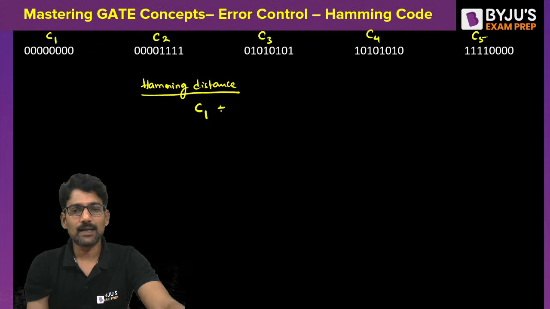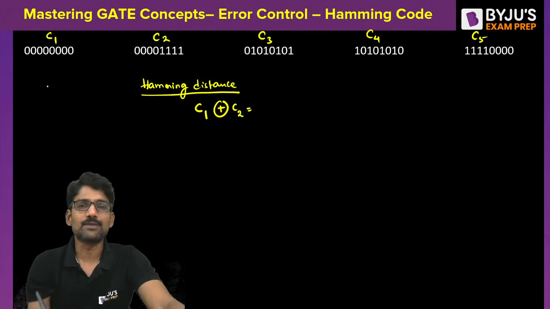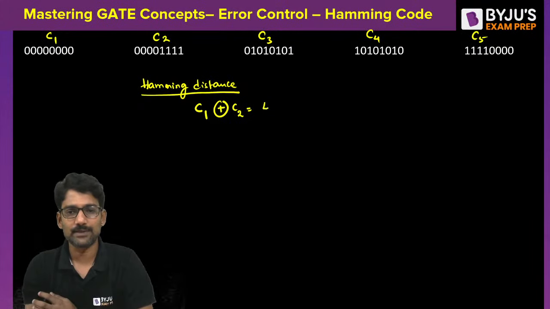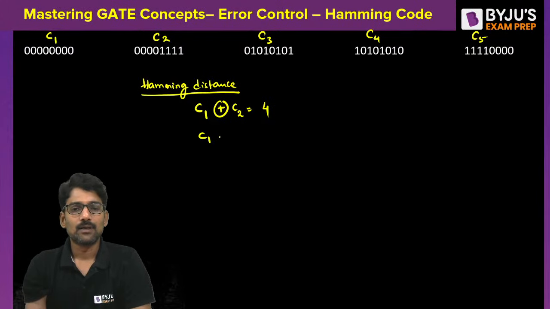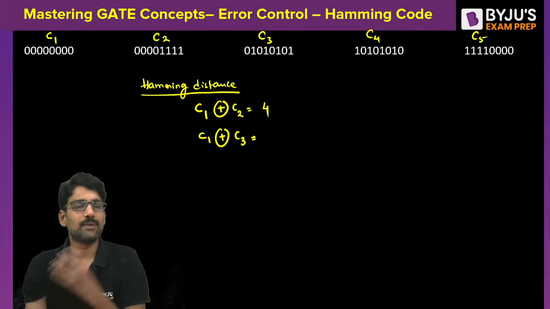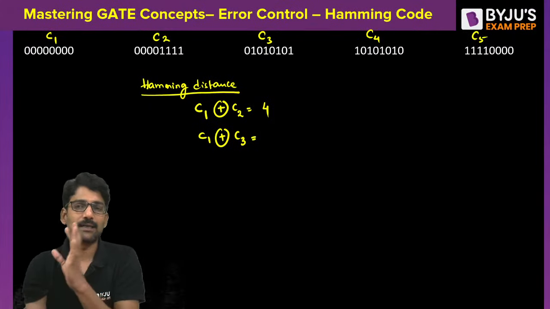C1 is all zeros, C2 is 4 zeros, 4 ones, so it is 4. Between C1 and C3, C1 is all 8 zeros, C3 is alternating zeros and ones, so it is also 4.